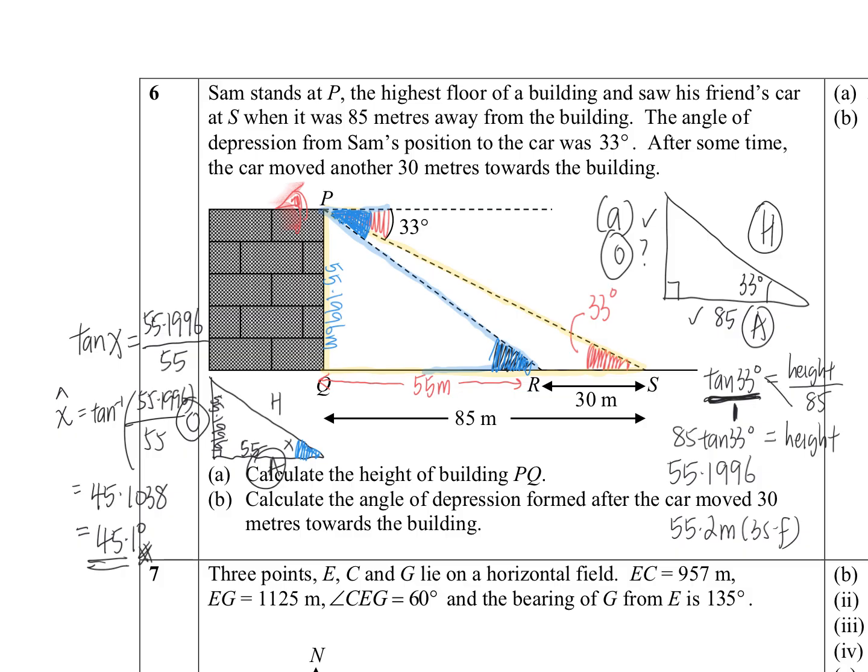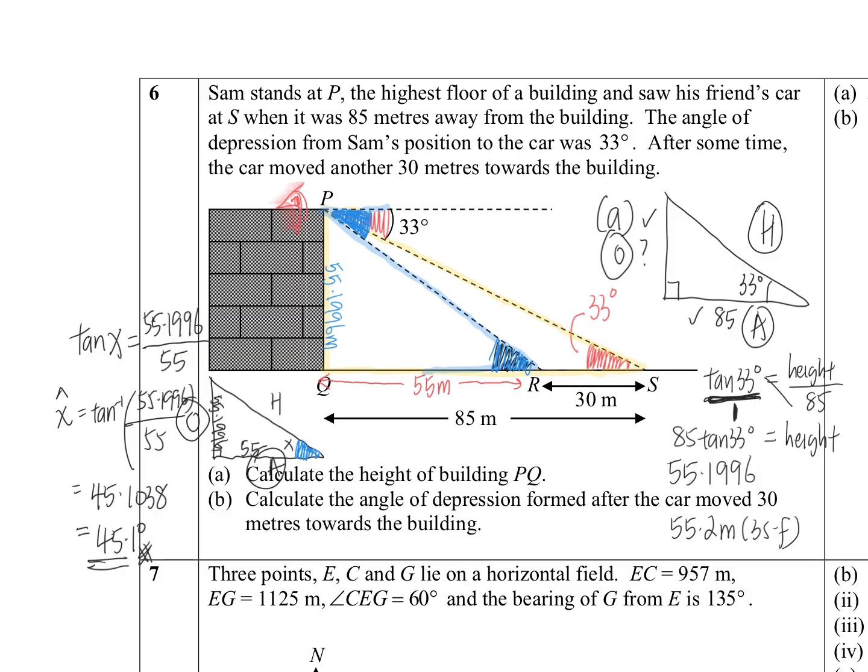Then they say, can you then find the bearing of E from C? Actually it's just a very small angle. From C, your North Pole is there already. Turn until you see E. So they want you to find this. These two angles must add up to 180 degrees.